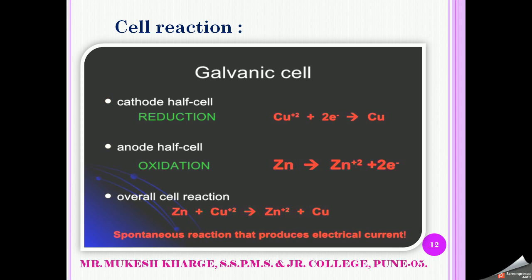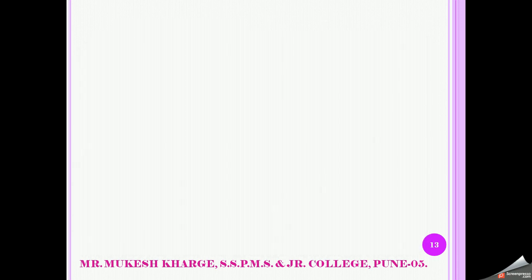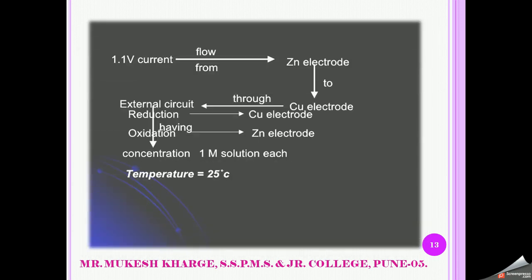Okay. Now next is, electrons are transferred from the zinc electrode to the copper electrode. Electrons are gained by the copper electrode, so reduction takes place.